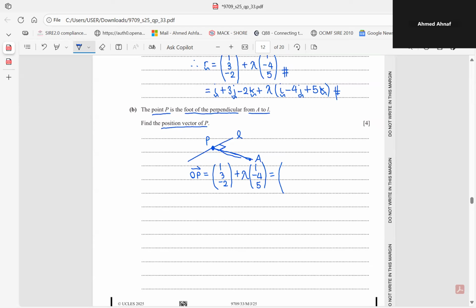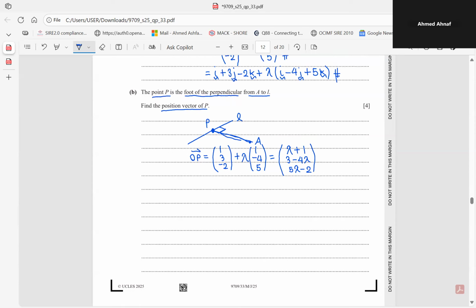This would be equal to (lambda plus 1, 3 minus 4 lambda, 5 lambda minus 2). Yeah, so this is the position vector OP in general. Like this is any point along the line L in its general form. So we'll let OP be this first.